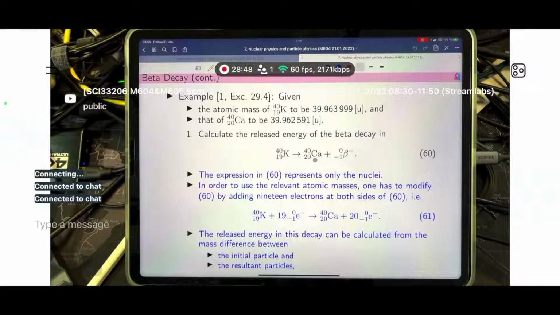We also add 19 electrons to the right hand side, but since we already have one electron in advance, we need to have 20 electrons. Now the equation is valid for this value, because this is the whole complete atom for potassium 40, and here is the complete version of calcium 40.